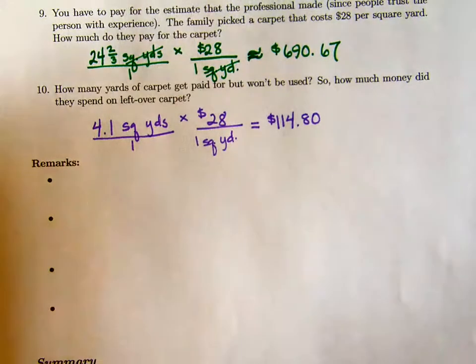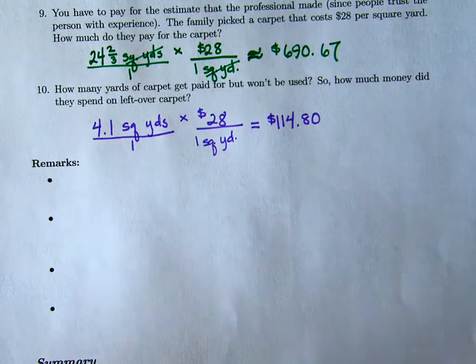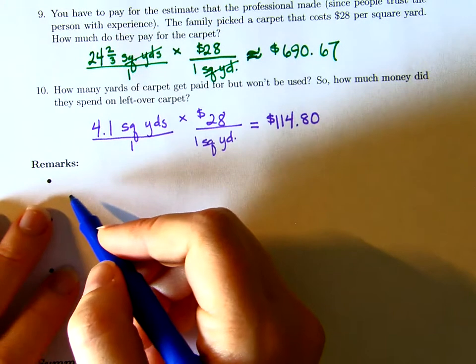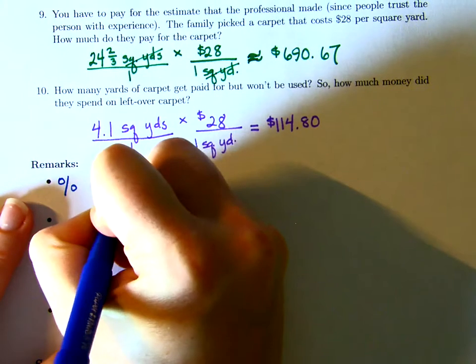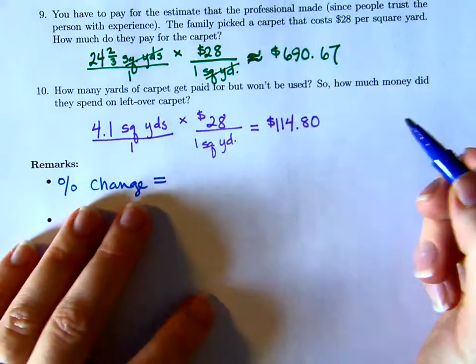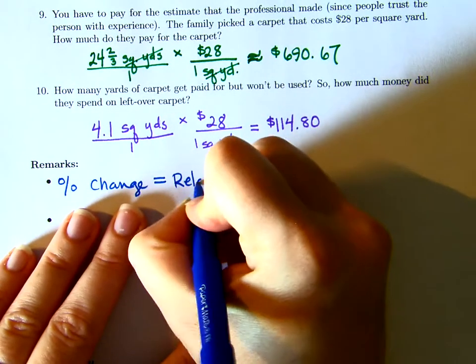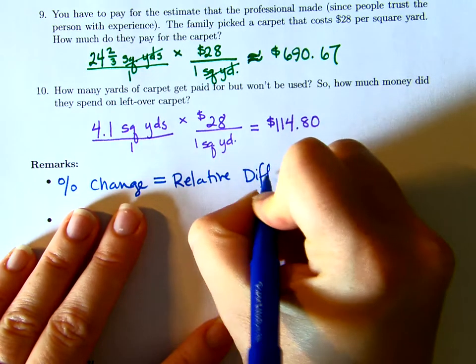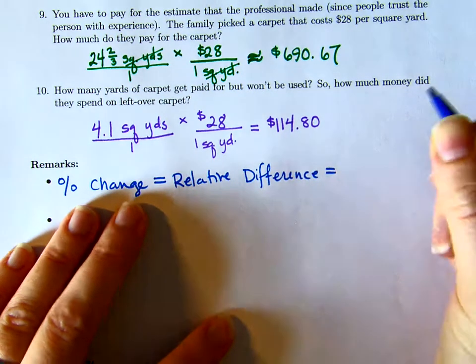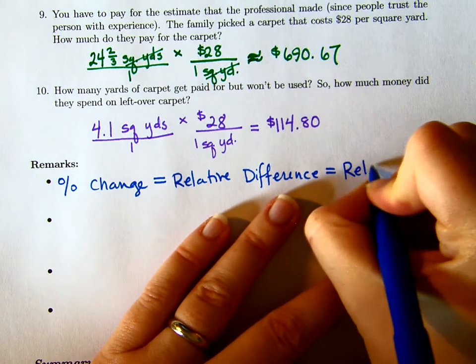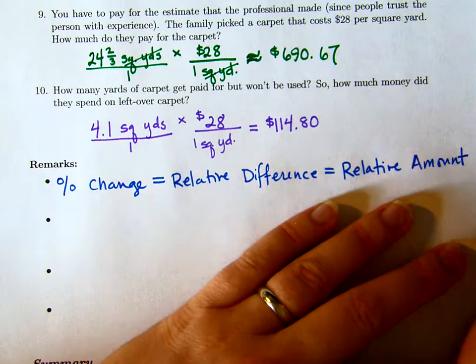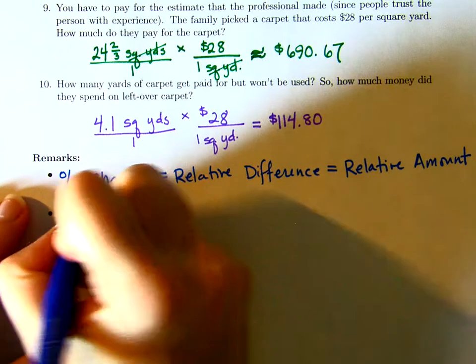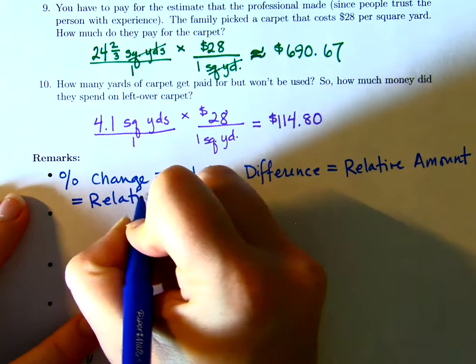You know, something that has to happen though. Few remarks. My first remark is this. Remember that there are so many different ways to compute percent change. So percent change, or synonyms for this: percent change, relative difference, relative amount, relative or percent error.